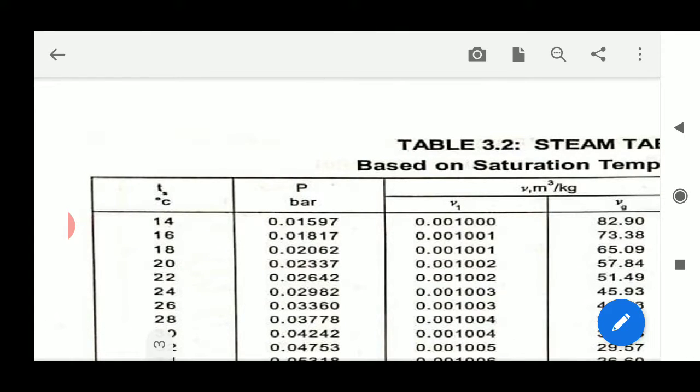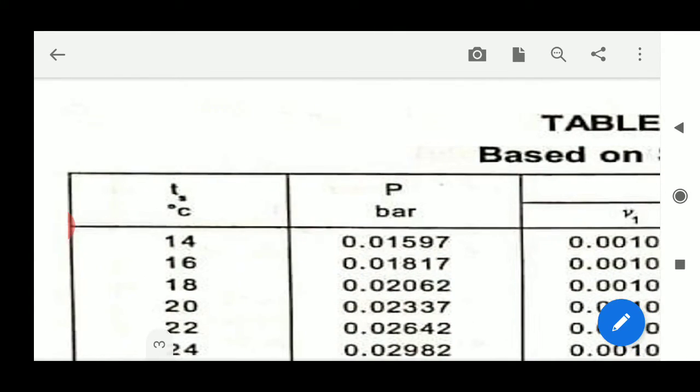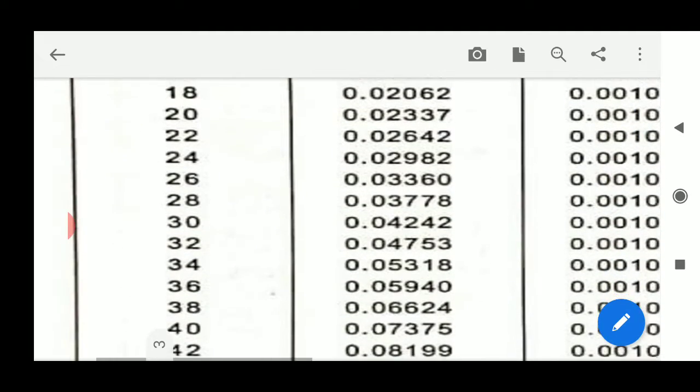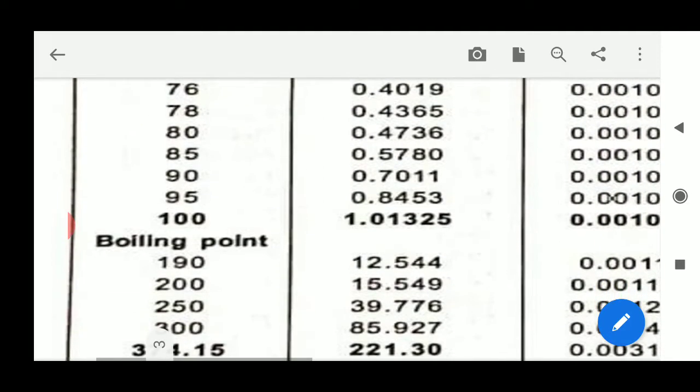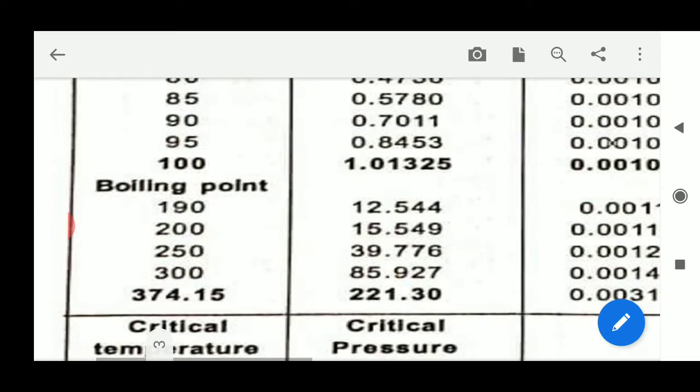See, on the extreme left column, this Ts is saturation temperature. So starting from 14, it is given for the various saturation temperatures up to 374.15 degrees Celsius.